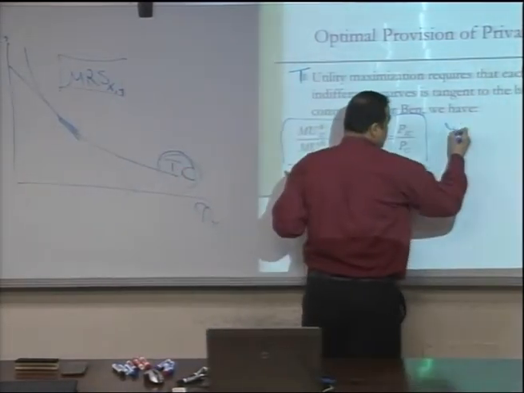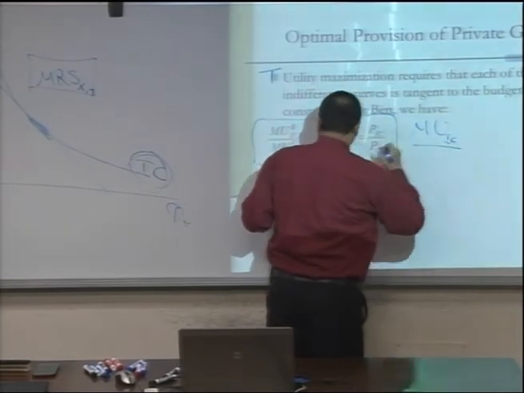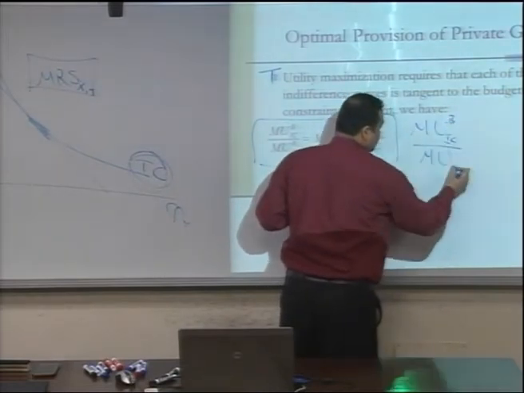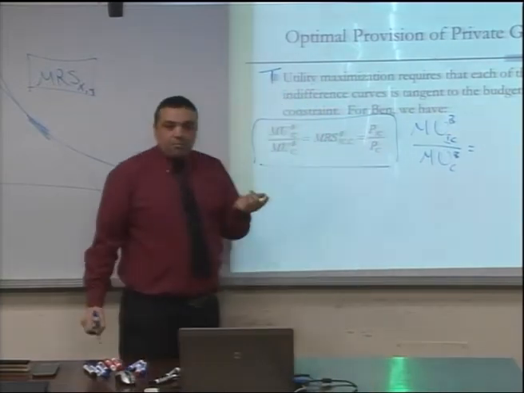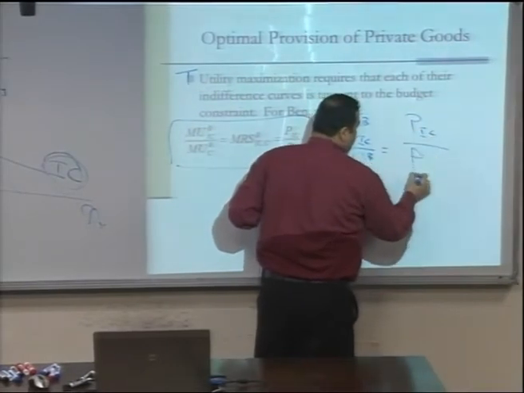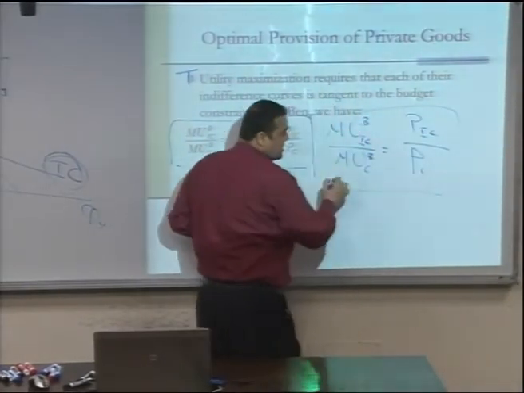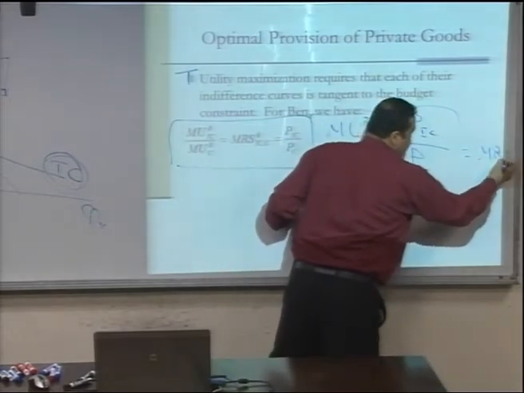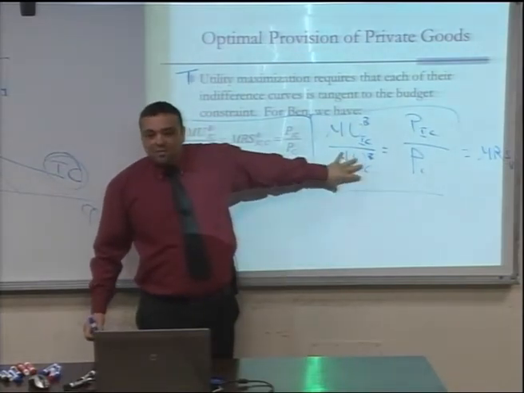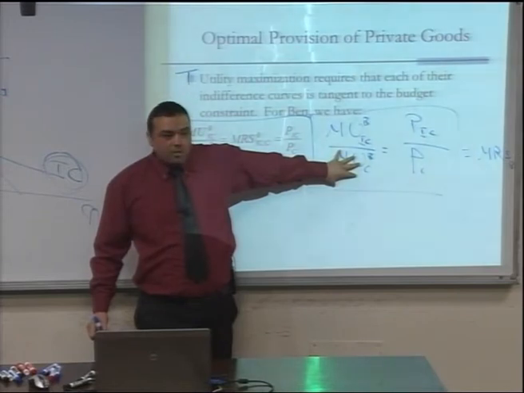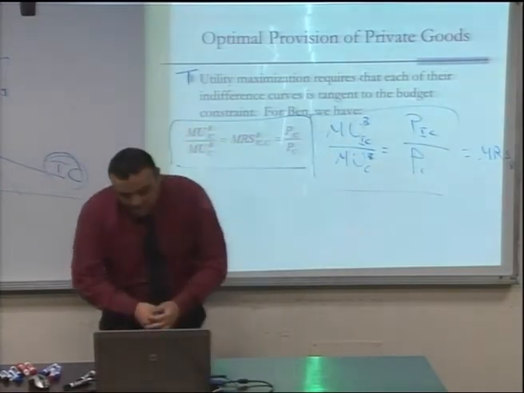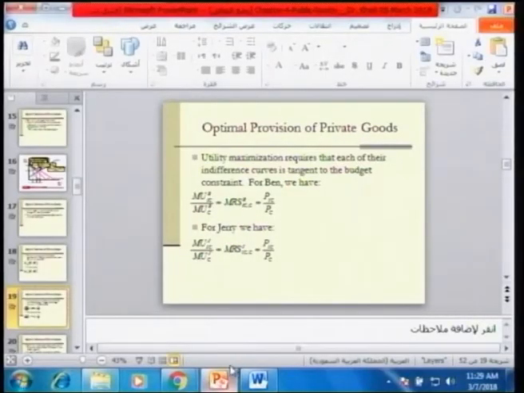The marginal utility of ice cream over the marginal utility of cookies, for Ben, must equal the price of ice cream over the price of cookies, which represents the marginal rate of substitution for Ben. How can we understand the idea here? To understand the first order condition, I will go to a numerical example to understand the idea well. So let's go to a numerical example here.